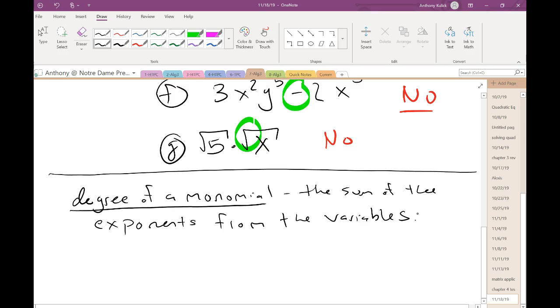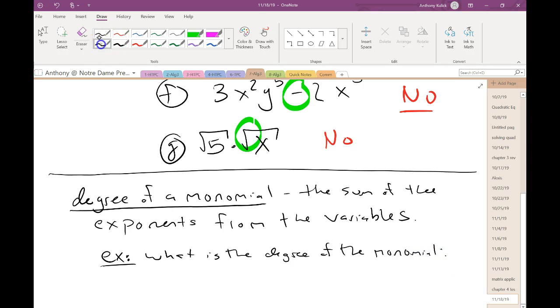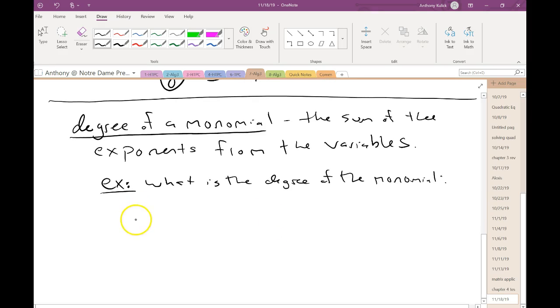So the degree of a monomial is going to be the sum of the exponents from the variables. So let's say we have the monomial 5x squared.